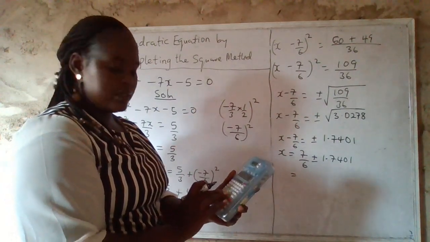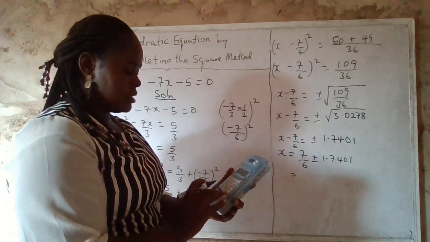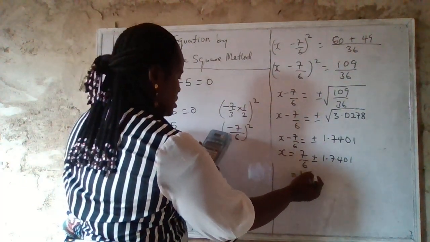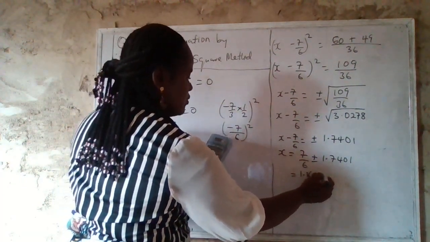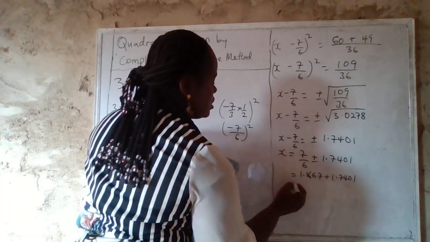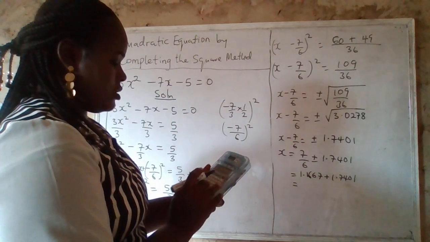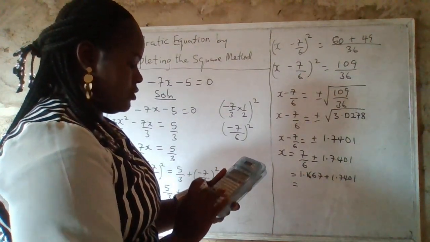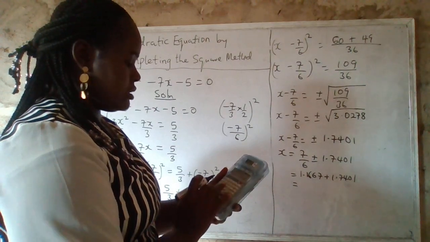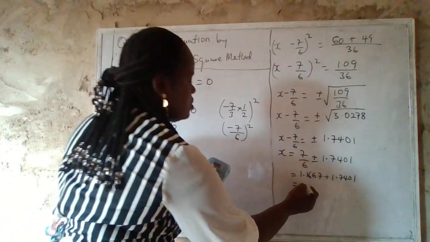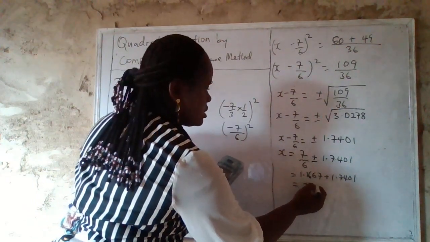So we are having 7 over 6 to be 1.1667 plus 1.7401, and that will give me 2 point.